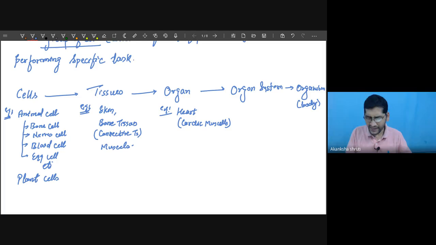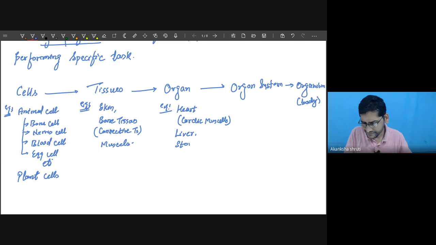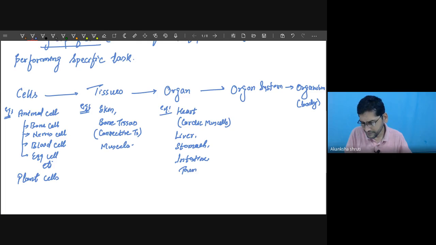So these are organs. What other organs? Like our liver, stomach, intestine, your tongue, your eyes, your nose, etc. All these are organs.